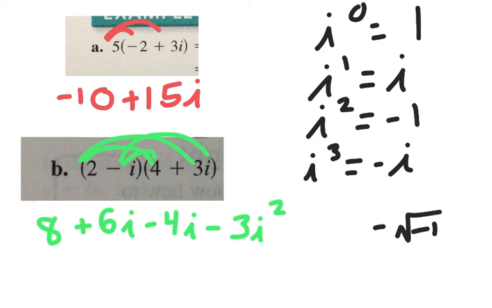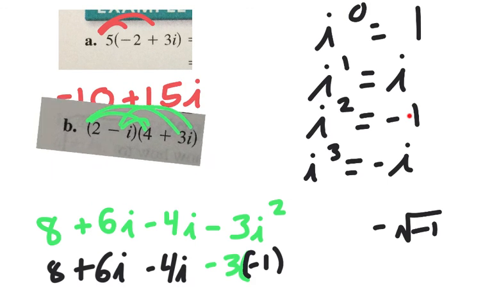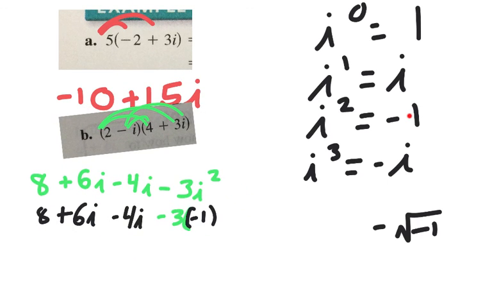What is i squared? It's negative 1. So instead of saying i squared, I'm now going to say times negative 1. I've substituted in negative 1 for i squared. Now we're just going to simplify this until we get a complex number.